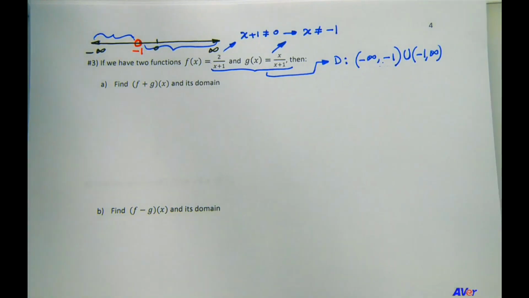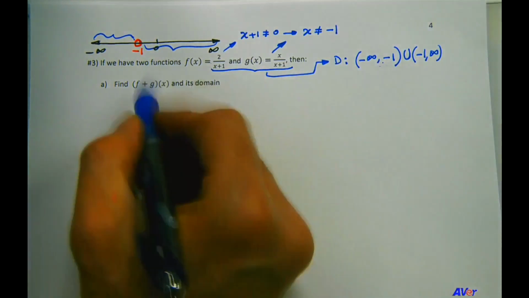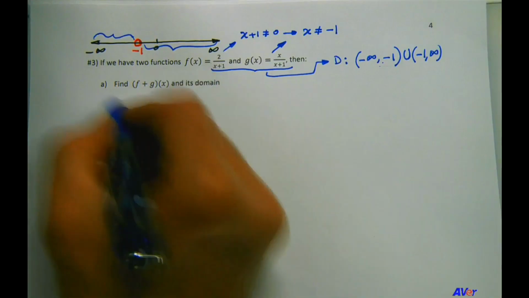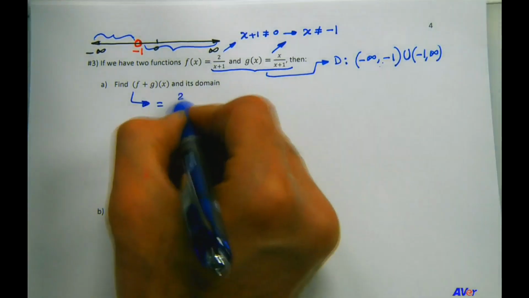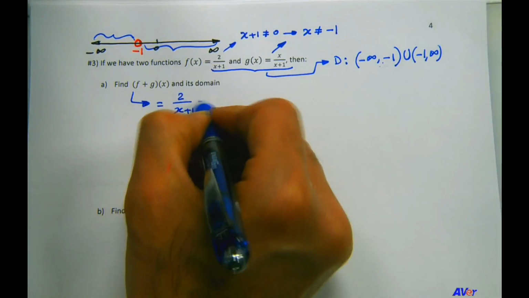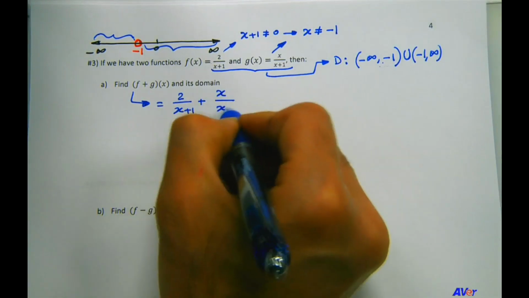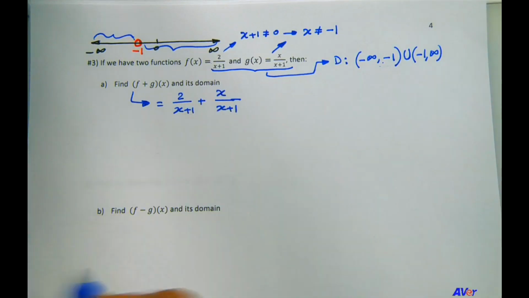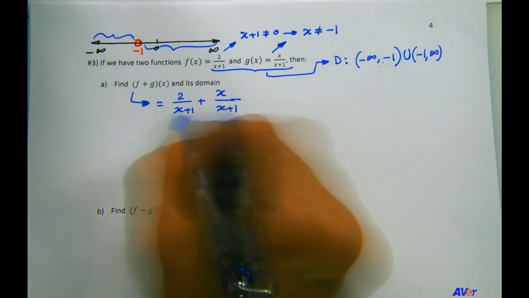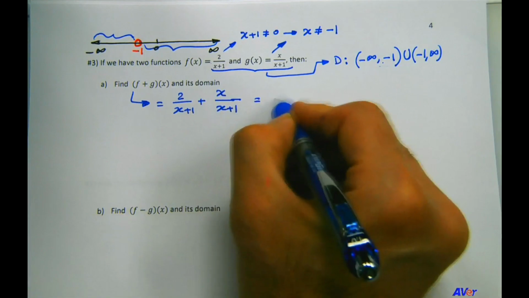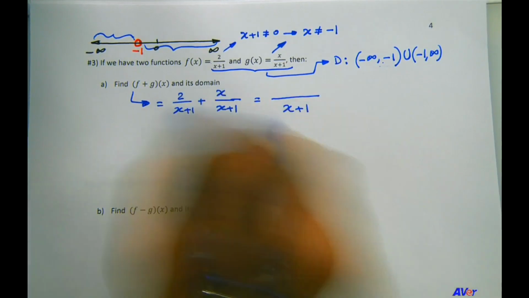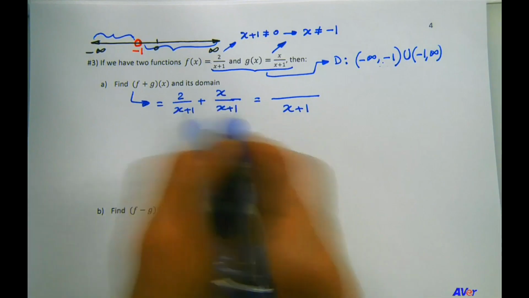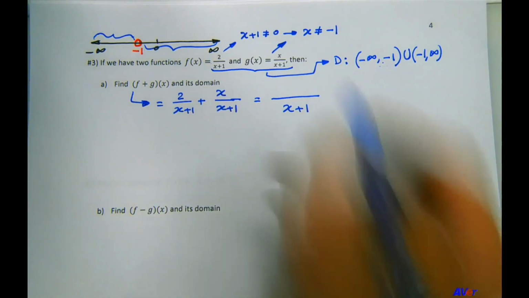Okay? All right. So now let's add those two functions. What do we get? We get 2 over x plus 1 plus x over x plus 1. Right? So these are common denominators. We can simplify things: x plus 1, and add the numerators because their denominators are already equal.